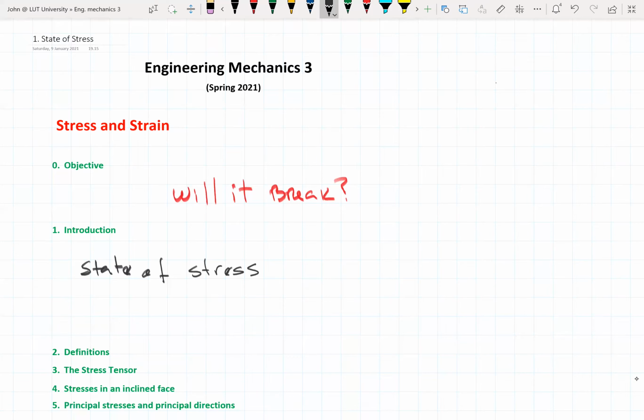So we have to understand that the materials we're going to be dealing with are made out of atoms and molecules. And in our specific case, solid materials, we talk about crystals, granules, or associations of different materials into one. So we're going to try to understand how the material behaves under the influence of external loads.